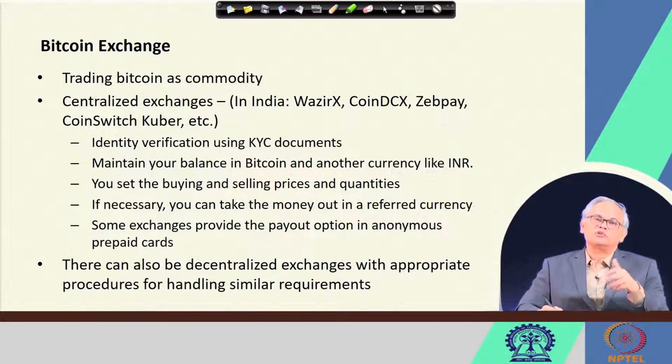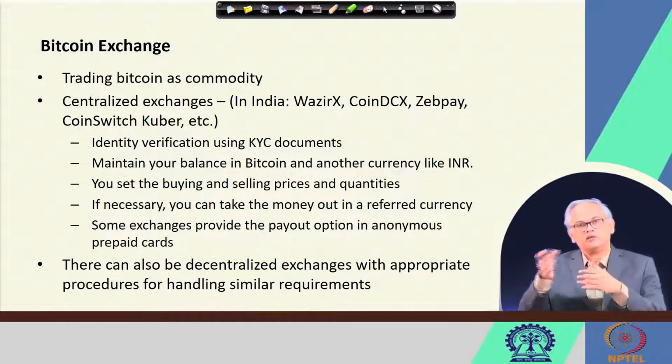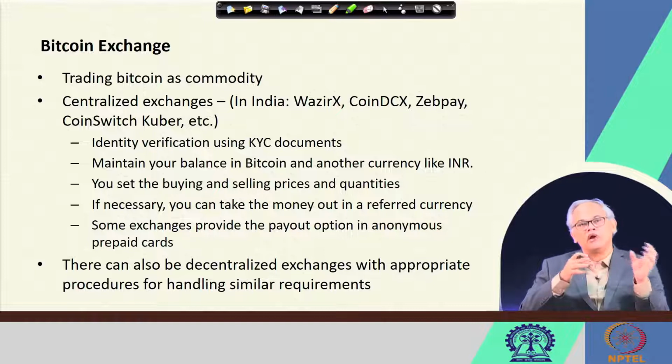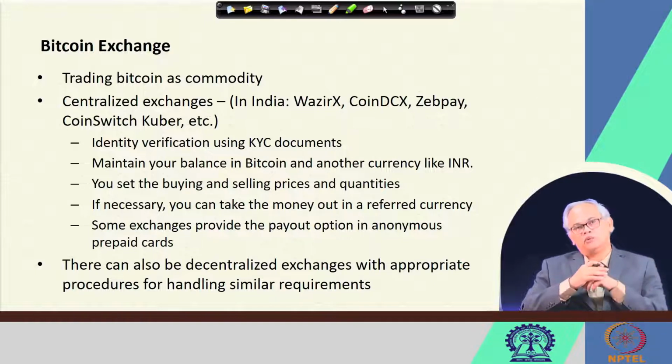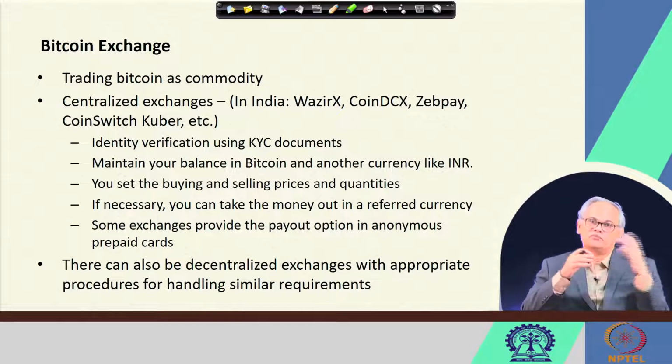So, the entire process is kept anonymous, because if it is transferred to your bank account, then the centralized exchange knows that this money went to this particular person, this person was trading. But some countries might allow anonymous trading also, where it is not transferred to a particular bank account of an individual, but it is paid out in the form of an actual real currency from cryptocurrency.